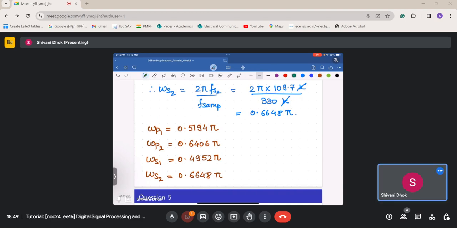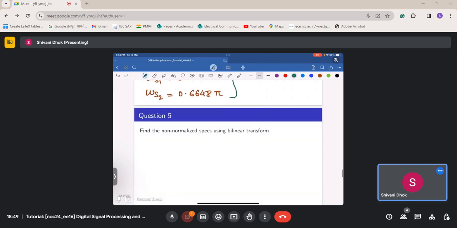So these are the normalized specifications for the discrete time filter. Any other questions? Okay. If there are no questions, then let me move on to the next question.